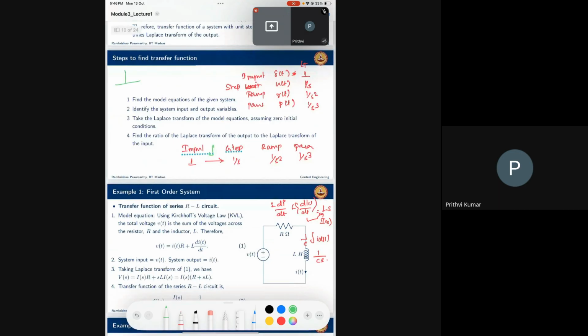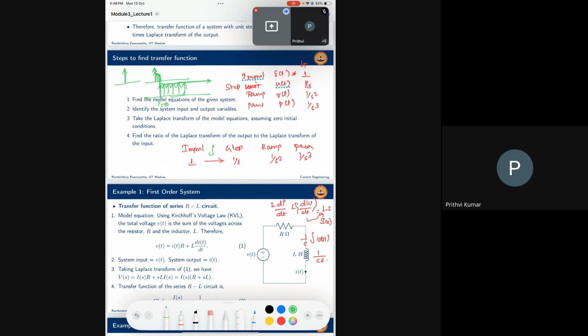If this is an impulse signal, integration is like adding it up with respect to time, right? So I am adding the impulse signal over a period of time. When t equal to 0, this becomes an impulse. So ideally, if I keep on adding this, it becomes a step signal. That's how the integration comes into the picture.